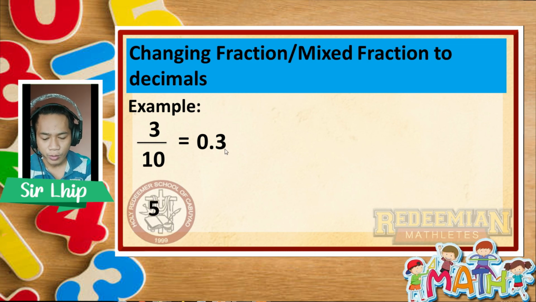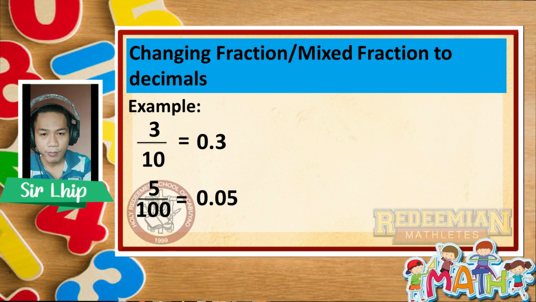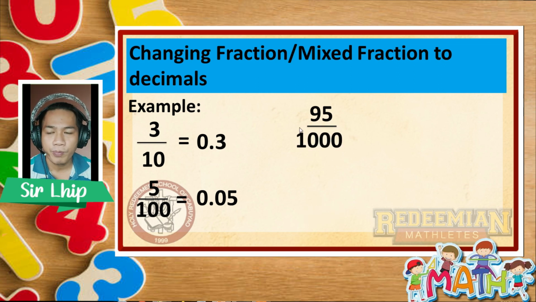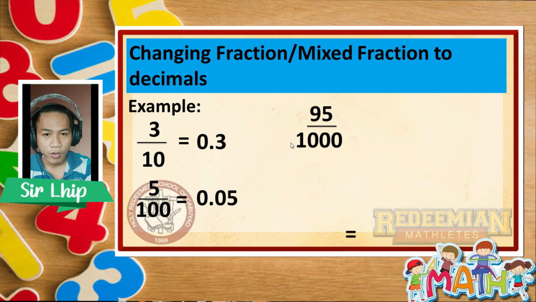So we have 2 zeros. Move 2 times from right to left. So 5 over 100 equals 0.05. 95 over 1,000. Move 3 times. So 95 over 1,000 becomes 0.095 or 95 thousandths.